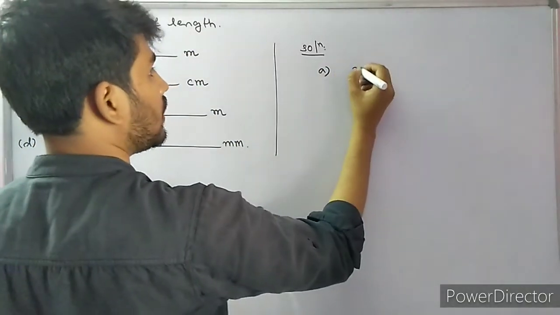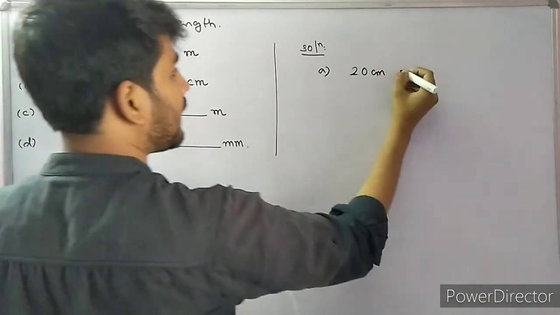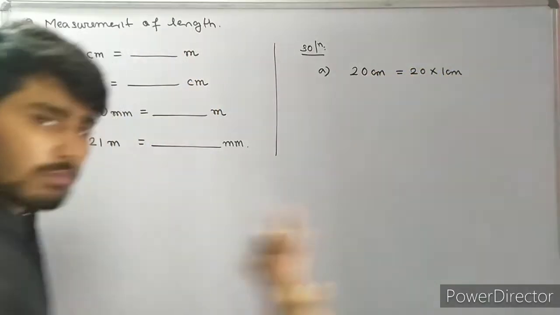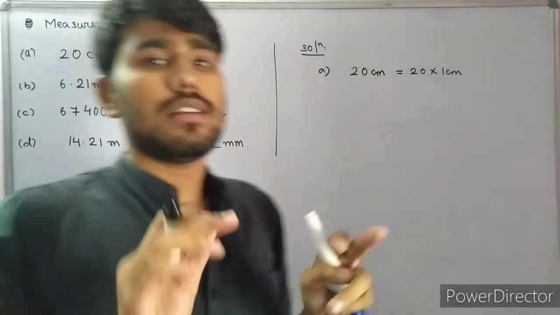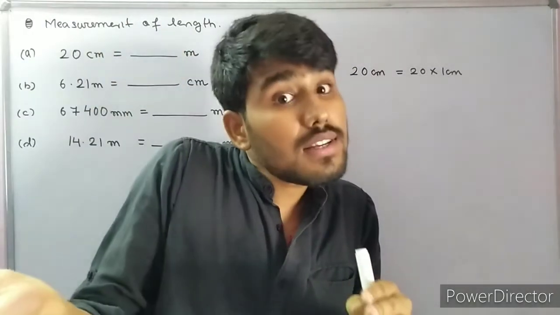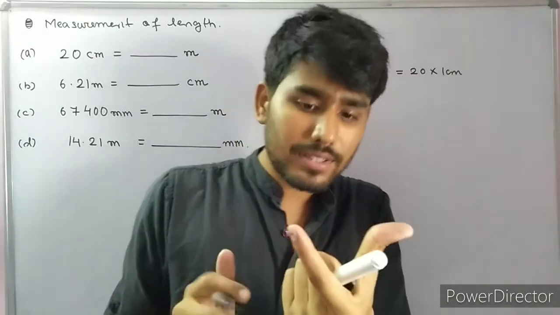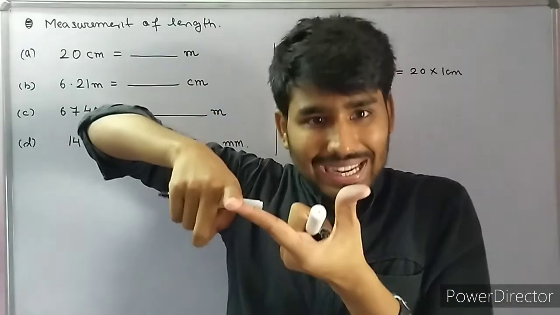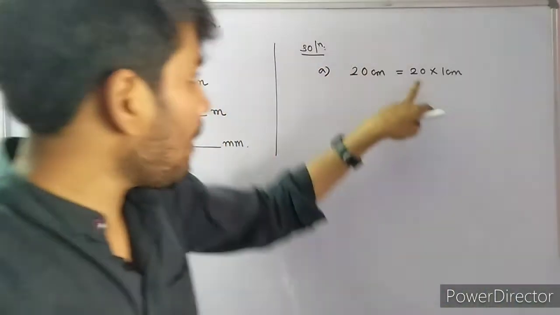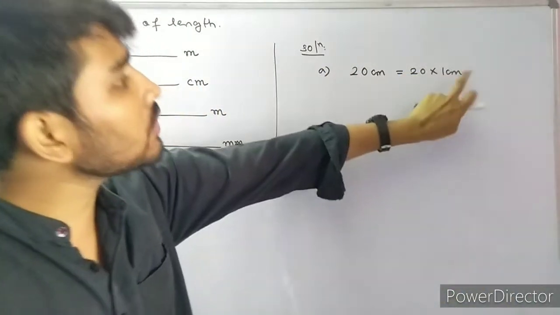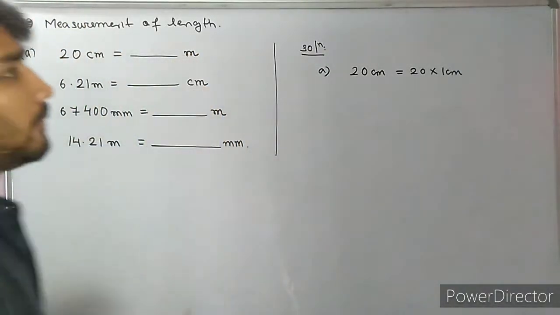Let's do it. 20 centimeter can be written as 20 into 1 centimeter. This we had studied in the first lecture. Any measurement can be represented as magnitude into its unit. Now we have to convert this 1 centimeter into meter.